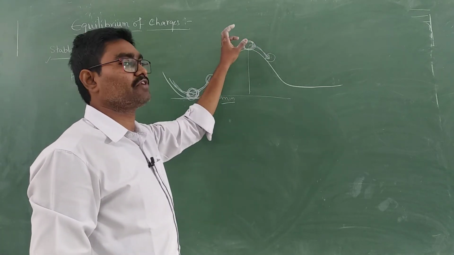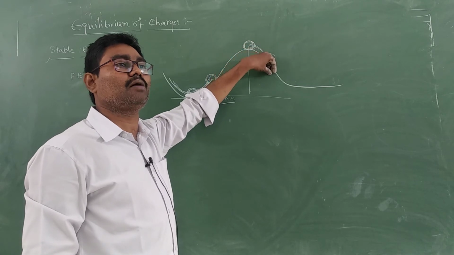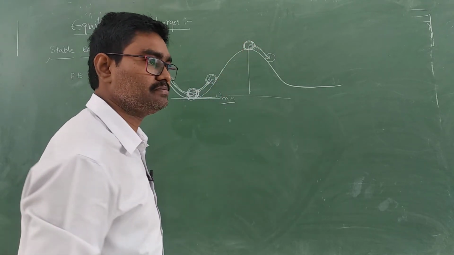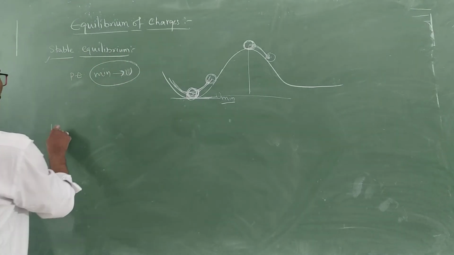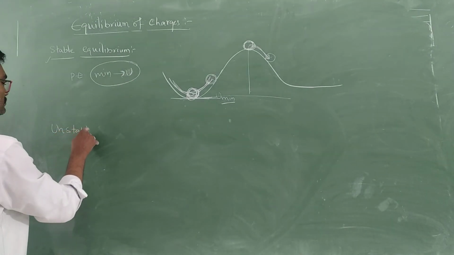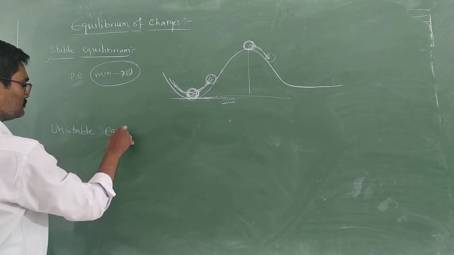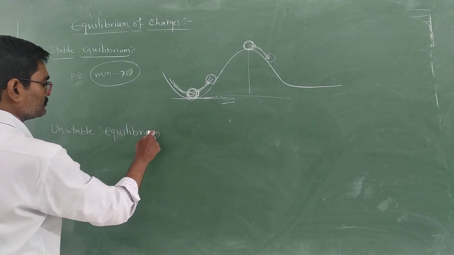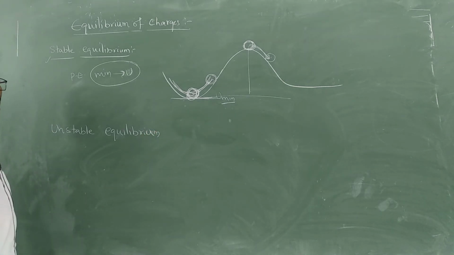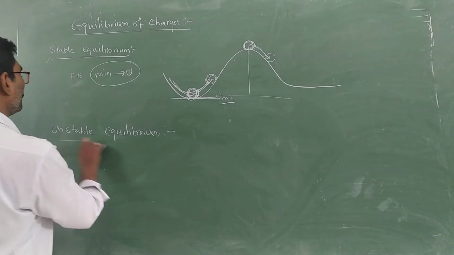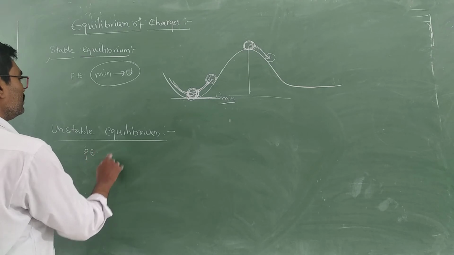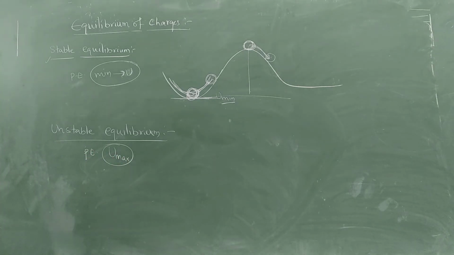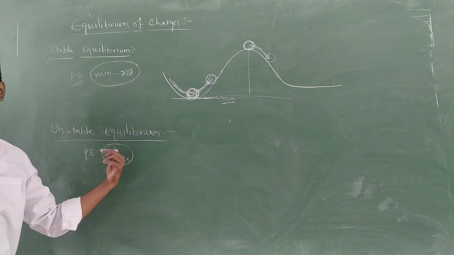Okay, if it is displaced from the mean position and it is not coming back to its original position, then that is called unstable equilibrium. So in this unstable equilibrium, what about potential energy? Maximum. It should be maximum, so the body will not come back to its original position.